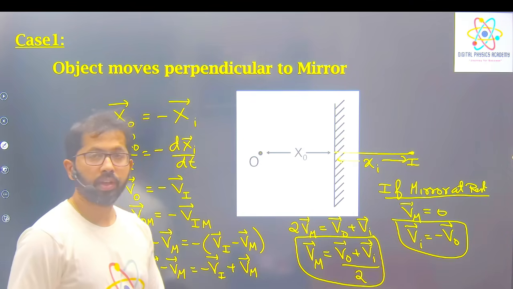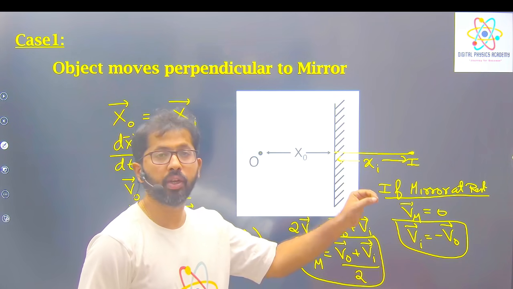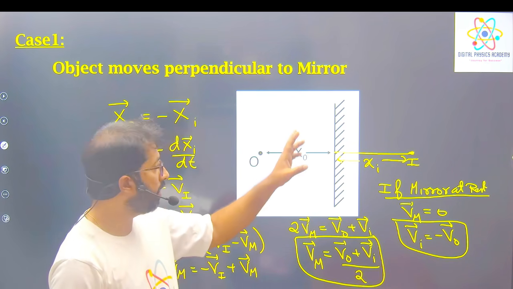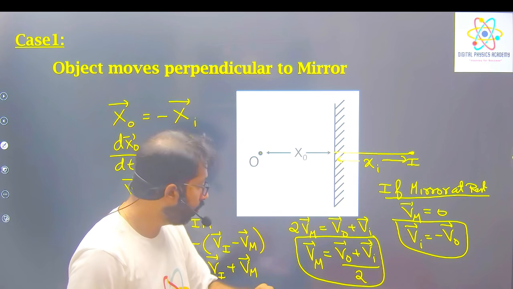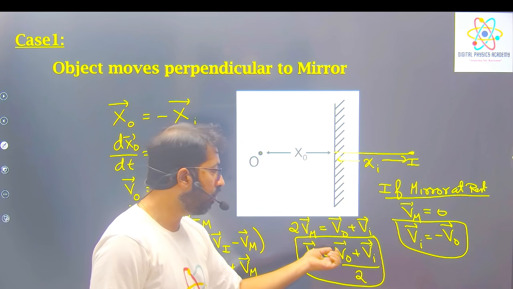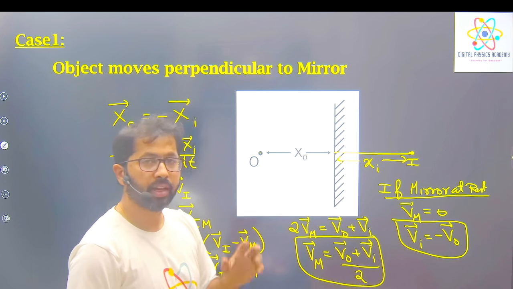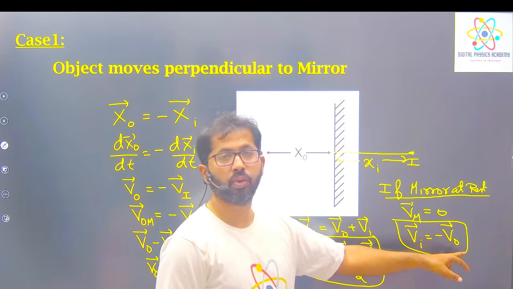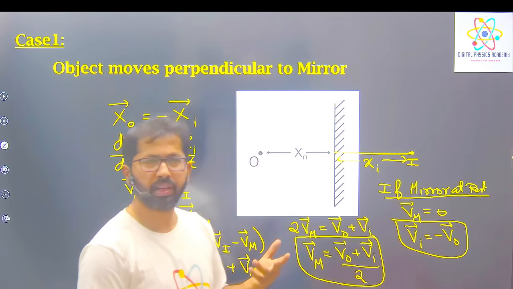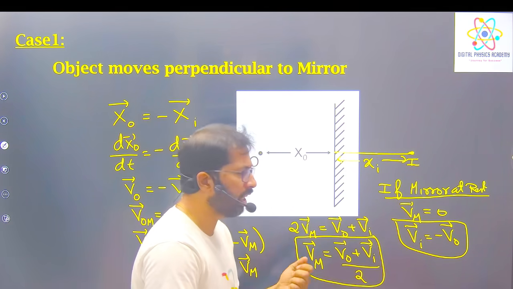So whenever you are moving perpendicular to the mirror, check whether mirror is at rest or whether mirror is moving. If mirror is moving, we have to use this one: VM is equal to (VO plus VI) by 2. If mirror is not moving, we have to use velocity of the image is equal to minus VO, velocity of the object. Same, right? Normally when we run with 2 meters per second, mirror is at rest.